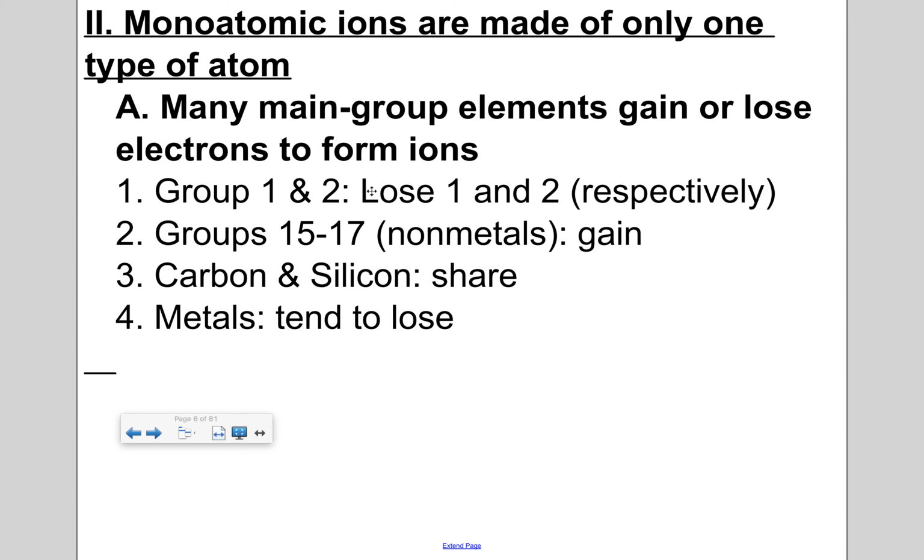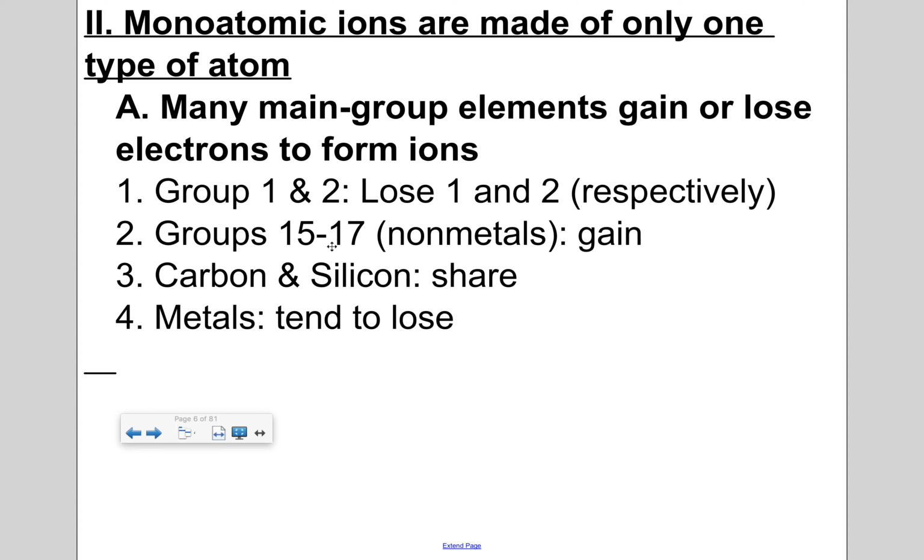Groups 1 and 2 tend to lose electrons. And so when you lose electrons, you become positively charged. So on my periodic table, I have big black numbers that say +1 and +2, +1 above group 1, +2 above group 2. So groups 1 and 2 tend to lose electrons and become positive.